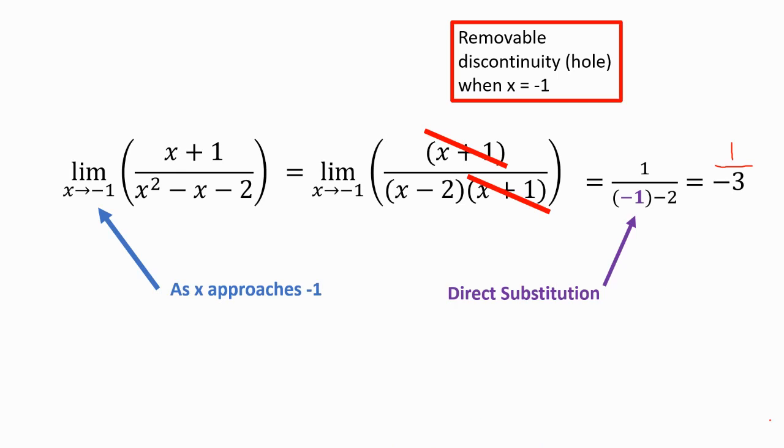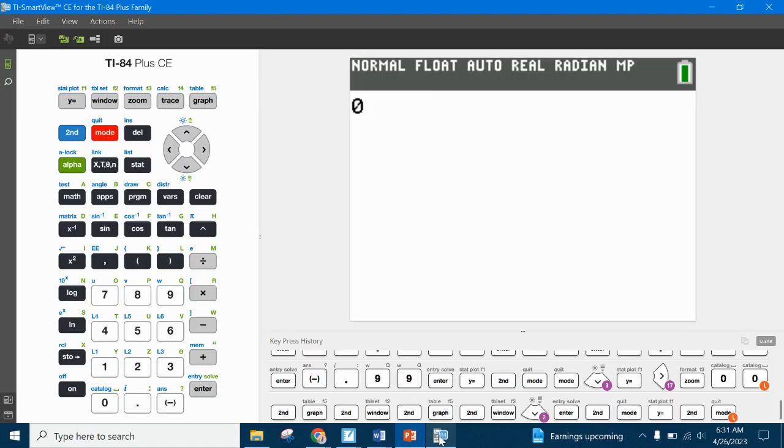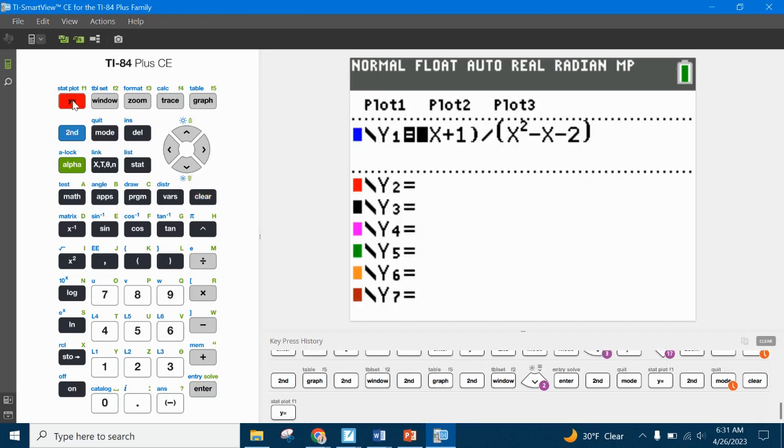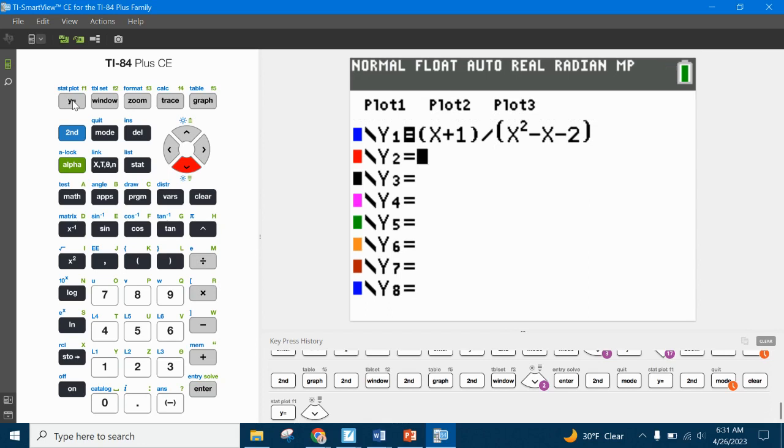You can also utilize your calculator. I'm going to show you using a TI-84. Sorry, Casio users, have no way to help you. But what we got to do is we go to our y equals, make sure we're in our function mode, we plug in our function. Also note, both the numerator and the denominator are in parentheses.